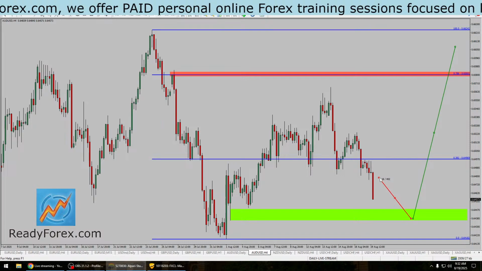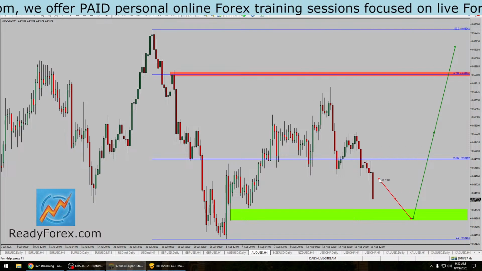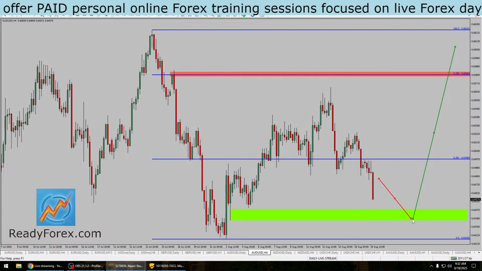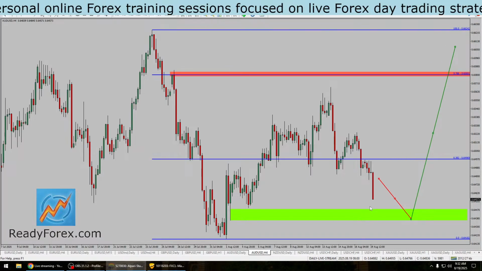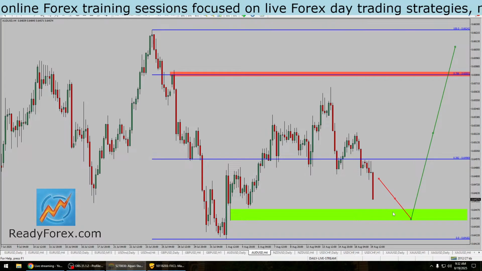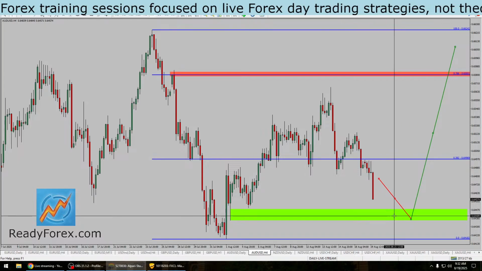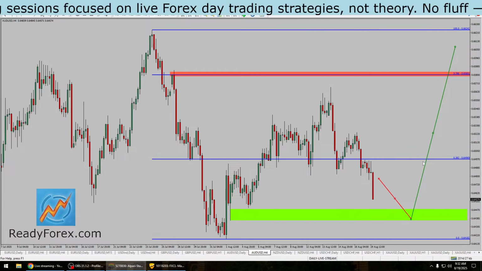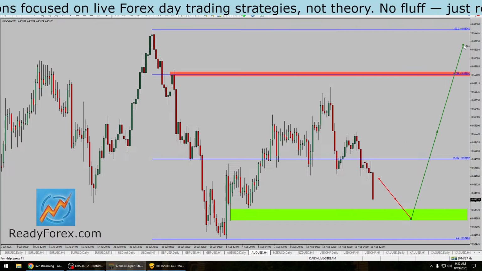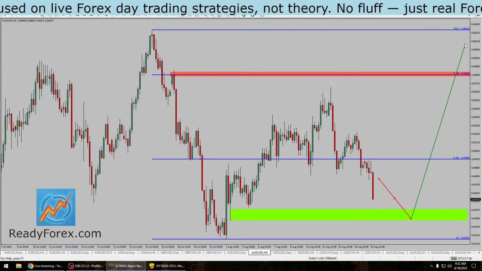So in the AUDUSD currency pair, I expect further weakness in price action. Maybe tomorrow when the Asian market session starts, price action is going to show some sort of a bounce over here. But if price action just keeps falling down in the AUDUSD currency pair, let it go.